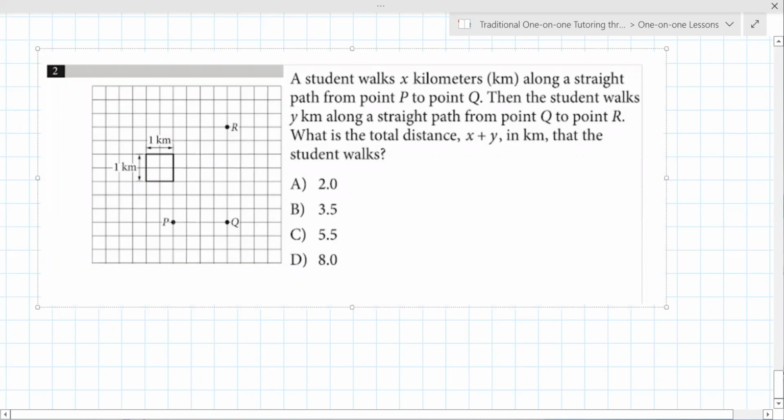So they go right and then up. So 2, and then 1, 2, 3.5. Oh shoot. 5.5, 5.5. Yeah.